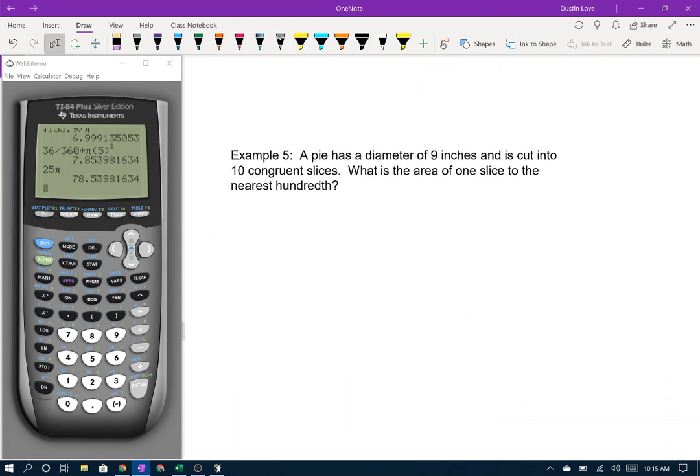Okay. Number 5 is one where we're able to shortcut it if we understand what's going on here. So we've got our formula here. We've got a pi slice that we're doing here. It's x over 360 times pi r squared. And we know that our diameter is 9 inches. Therefore, our radius is 4.5 inches, and it's cut into 10 congruent slices.